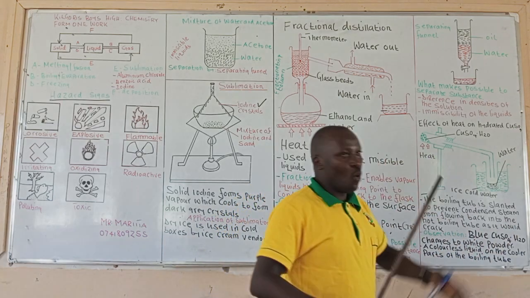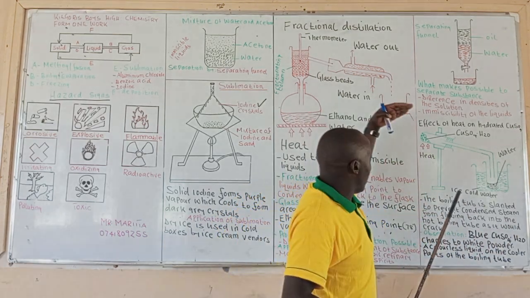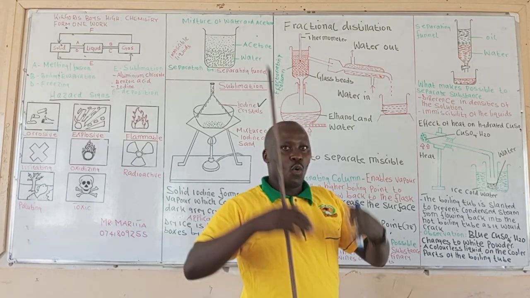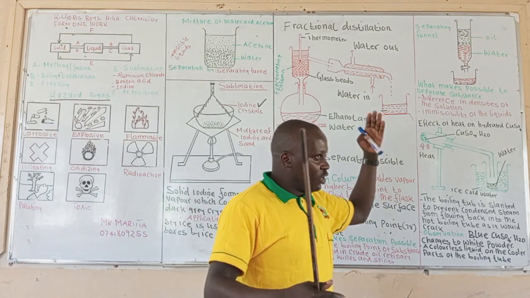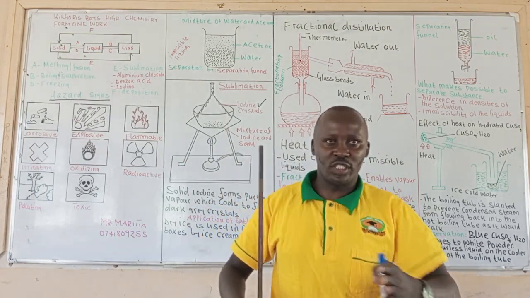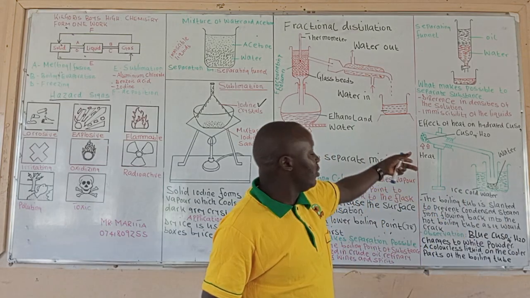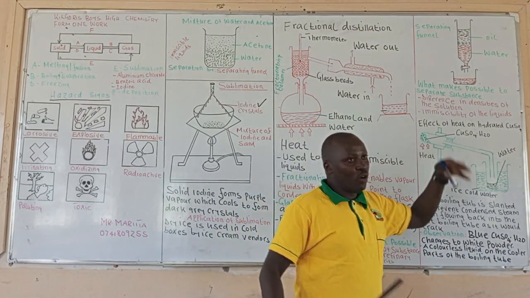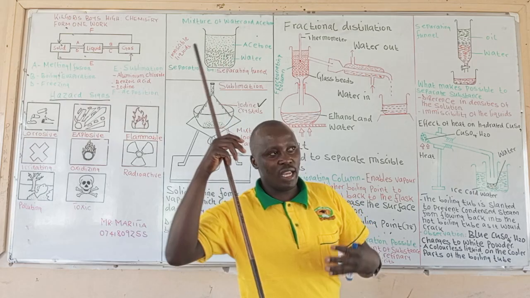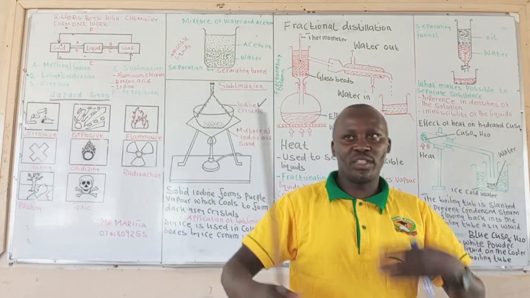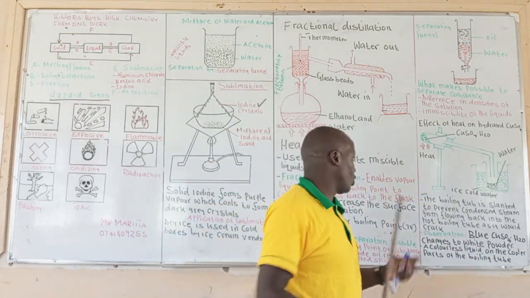When you heat the hydrated copper-2 sulphate, the water evaporates, and you leave behind a solid of copper-2 sulphate, which is white. Sometimes this is also used as a chemical test to confirm that the liquid produced here is water.